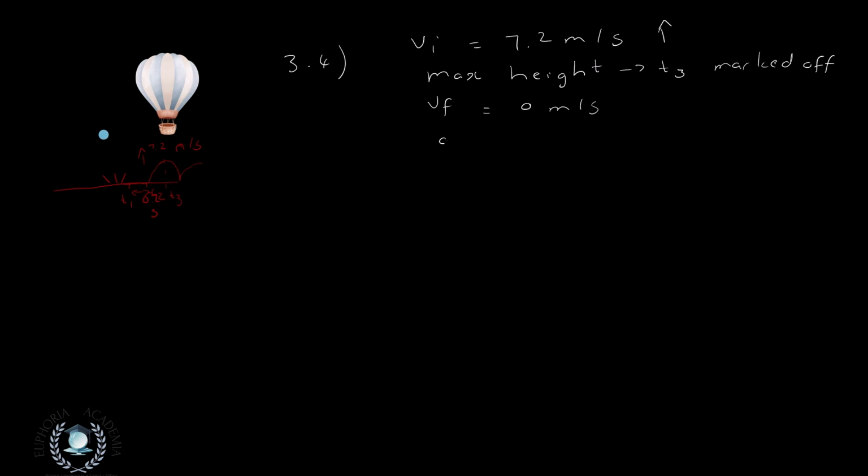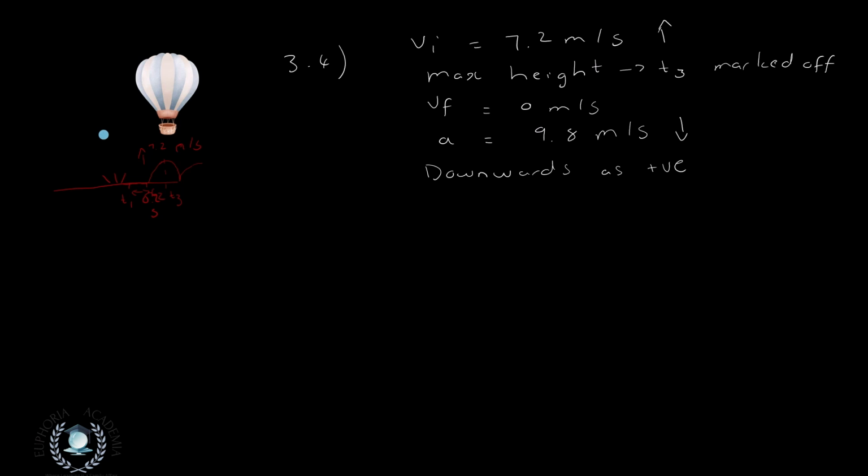And in this case, we still have free fall because it just left the ground, and we were told to ignore air friction, and no other forces were mentioned. So that means our acceleration is 9.8 meters per second squared, and it acts downwards. Okay, so we are still going to take downwards as positive.